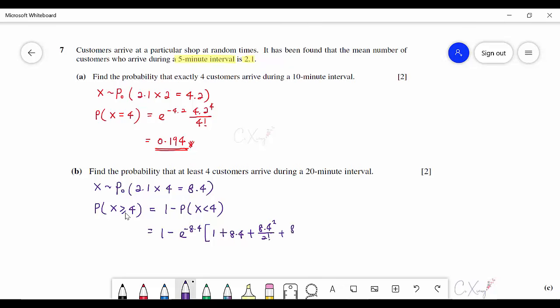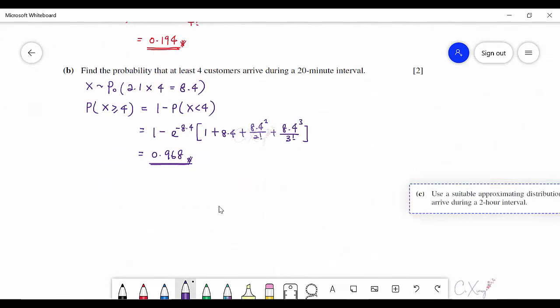And x equals 3 is 8.4 to the power 3 divided by 3 factorial. Our formula here doesn't include the 4, since I don't want to subtract the 4, so I stop at x equals 3. When you press the calculator and correct it to 3 significant figures, the answer is 0.968.